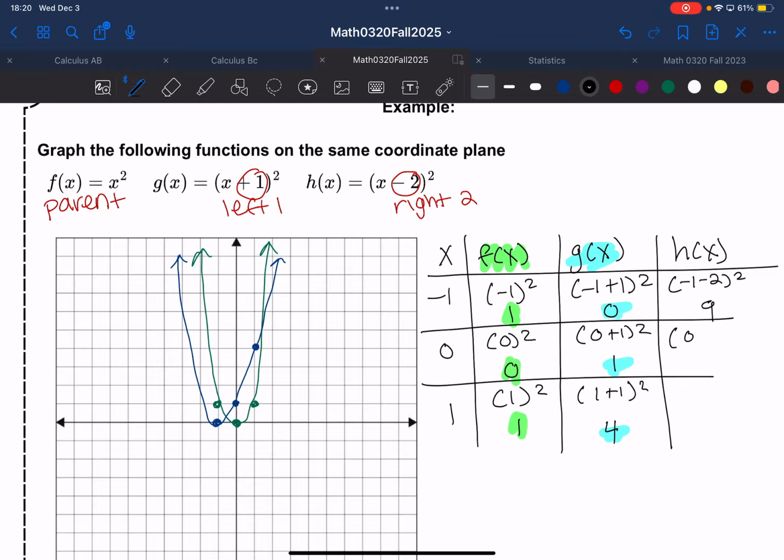Then we have 0 minus 2 squared, which is 4. And 1 minus 2 squared. 1 minus 2 is negative 1. Negative 1 squared is positive 1. So this is another one where we're not even getting close to the origin, which makes sense because we said this whole thing was moving to the right 2. Oh, for that one? Yes, because we're on the h of x this time.